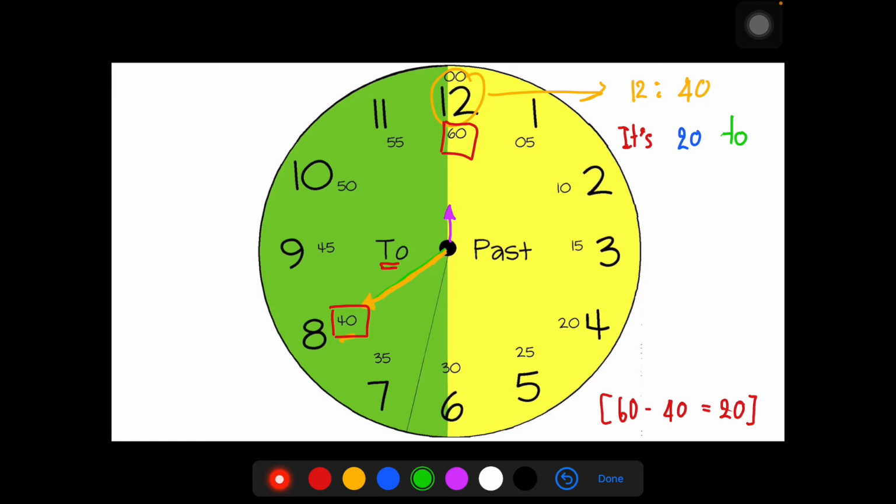And now the number is 12. The next hour is number 1. So it's 20 to 1. Oh, excuse me, you need to write this one as a word. It's 20 to 1. Alright, got it? Yeah, it's not hard.